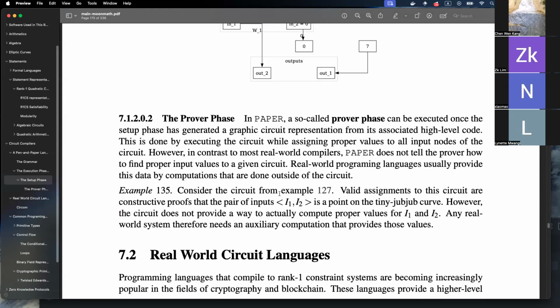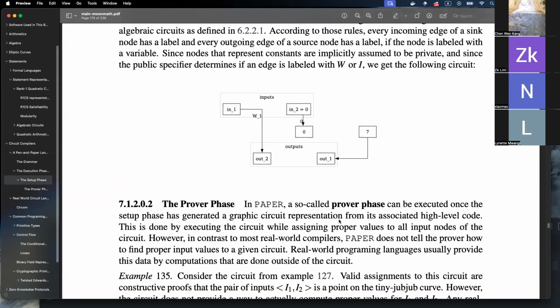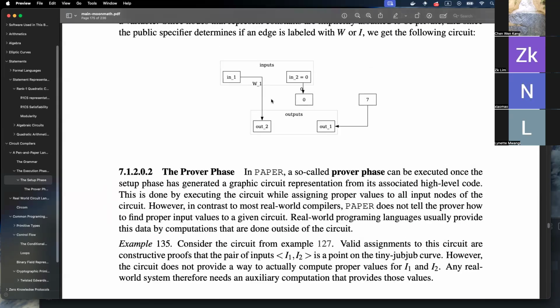But in the prover phase, we have to compute witnesses based on the instance that was provided. In this case, the instance provided is in1, in2, and in3. And for all the intermediate steps, we have to compute the witness and essentially get some output.